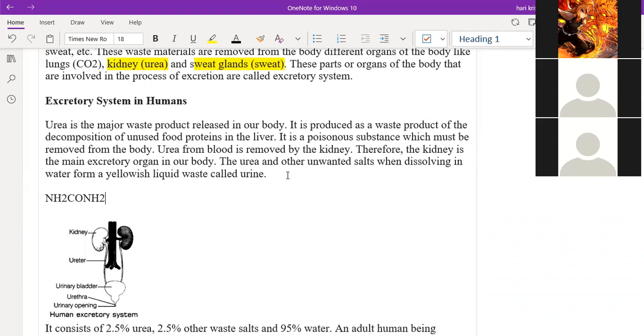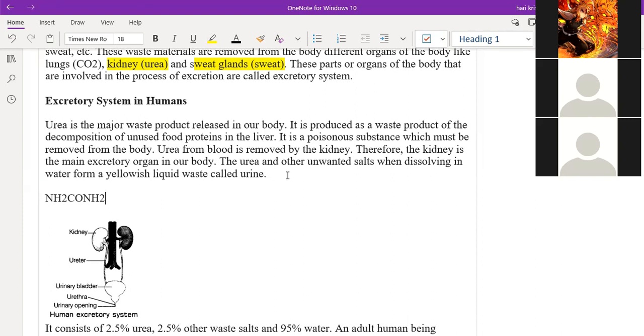We can remove it with the help of the kidneys, or a small amount of urea can also go out of our body through the sweat glands. Generally this urea will be present in the blood. Whenever the filtering of the blood is done in the kidneys, this urea will be removed. So urea from blood is removed by the kidneys, therefore the kidney is the main excretory organ in our body.